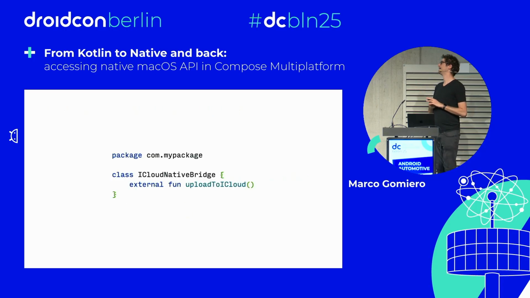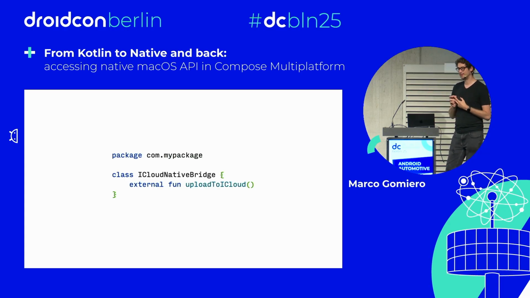Last step is having the actual connection. So we need an actual class and piece of code that we can call inside our Compose Multiplatform app in order to interact with the JNI. So how do we do that?